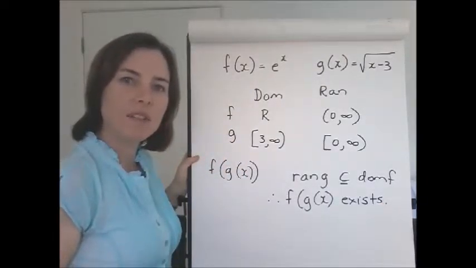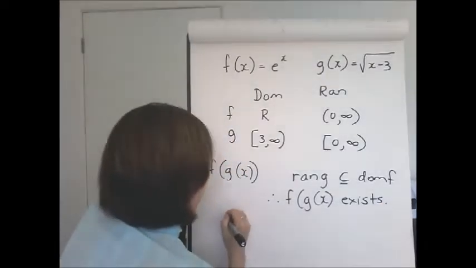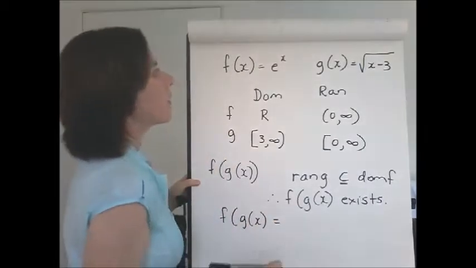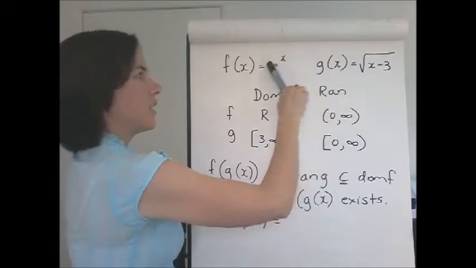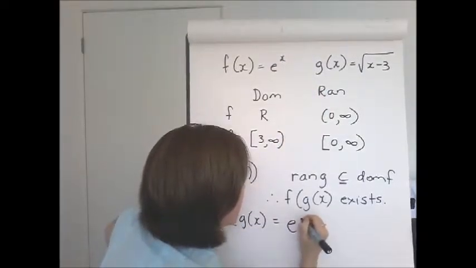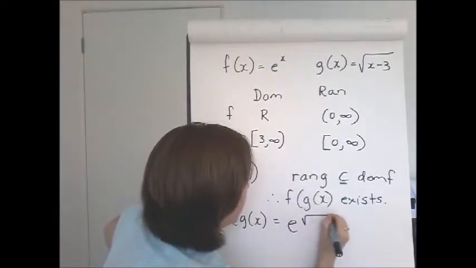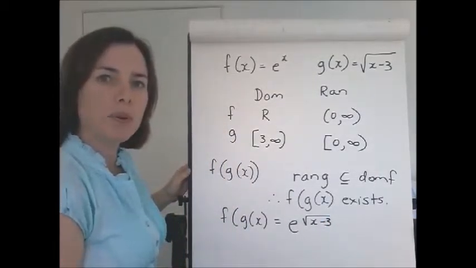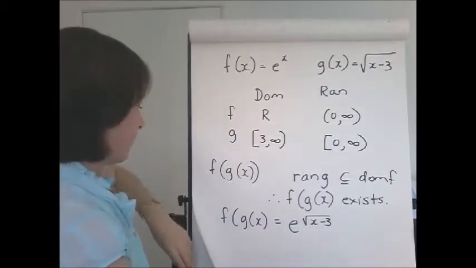Now I need to state the rule and I need to state the domain. f of g of x, so we're subbing g into f, is e to the power of square root x take 3. And I think I'll put the domain over the page.